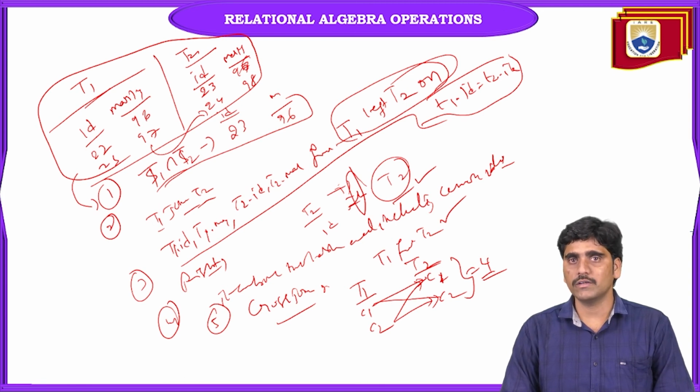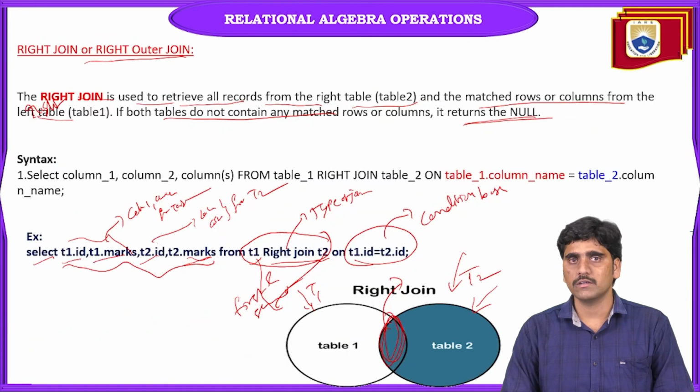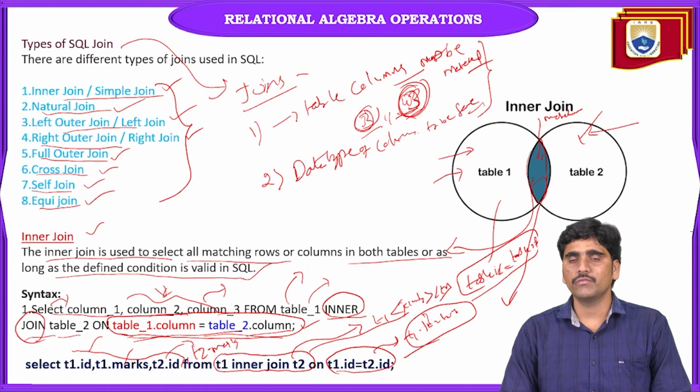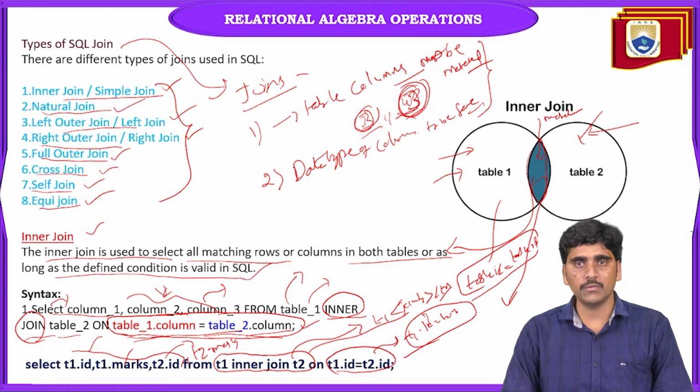Let me revise once again. We discussed that join is a combining operation to combine 2 or more tables and retrieve the values. We can use conditions to join 2 tables, but particularly we use the where clause to combine all the attributes and display the values.